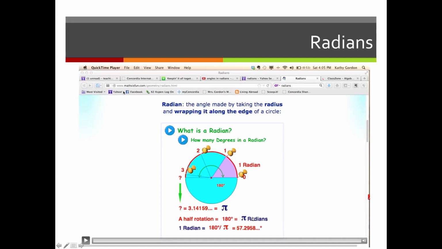Okay, but that whole idea of what a radian is comes from taking whatever your radius is, laying that length along the circle itself, and then the angle created by that is going to be 1 radian large. Okay?